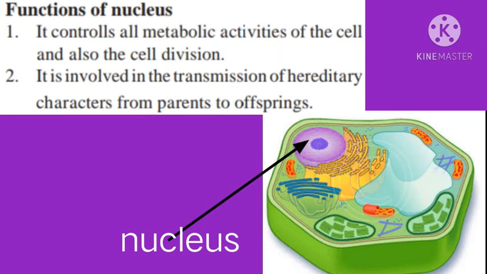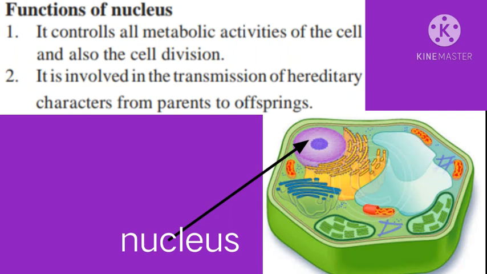Now functions of nucleus. First one, it controls all metabolic activities of the cell. Metabolic activities means the chemical reactions taking place in the cell. These reactions are controlled by the nucleus, and also the cell division.